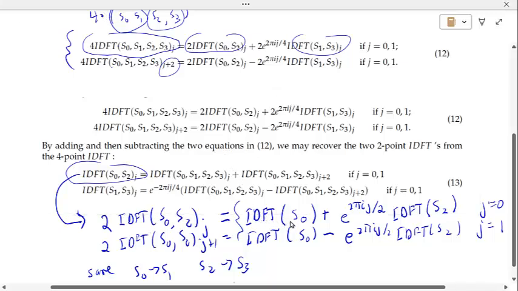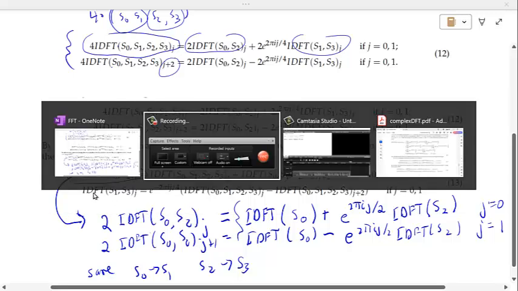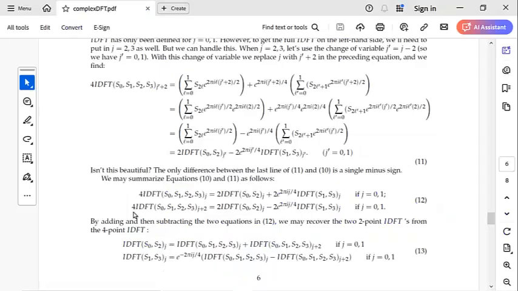The IDFT of S0 is a 1 point IDFT. It's just the same thing. IDFT of S0 is just S0. IDFT of S2 is S2. So if I invert this equation here, then I'll be able to get S0 and S2 from these IDFTs, and I'll be able to get S1 and S3 from the IDFTs here. All right? So let's look at the second page and see how that works out.